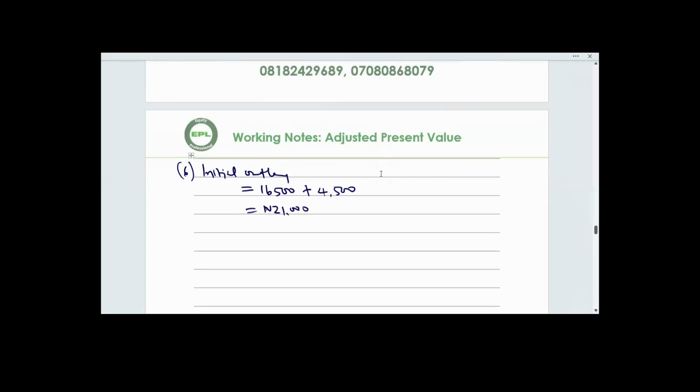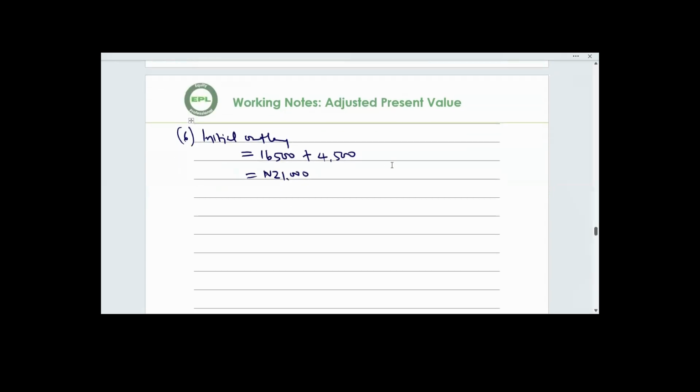Then finally, we're also going to have number 7. We are going to have working capital. How do we treat the working capital? The examiner has told us that AHL will require working capital of 15% of the anticipated sales revenue for the year at the beginning of each year.